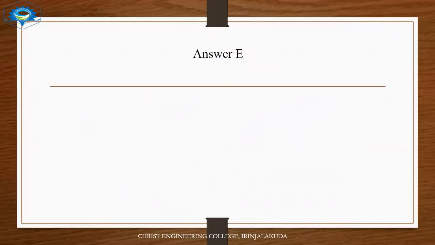So what will be the answer? It is a direct substitution equation. It's very simple. We know one equation for E0 cell, that is the standard EMF of a cell, E0 cell, which is equal to E0 cathode minus E0 anode. Also, we should know in a cell which one becomes anode and which one becomes cathode.